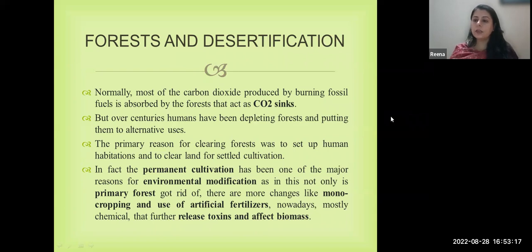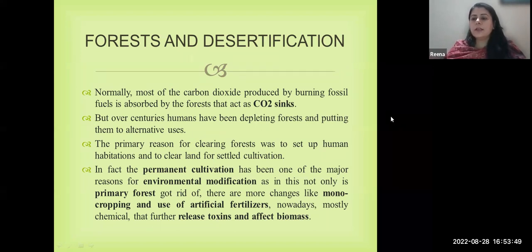And use of artificial fertilizers is nowadays a major threat to our forests, and causes desertification in the long term. These fertilizers release toxins and affect biomass, and whenever they are sprayed excessively, all that fertilizer is caught in the runoff through rains, or the water given to these crops for irrigation.